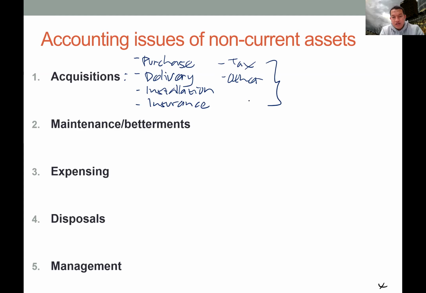And how do we record this in the journal? We simply record an asset in debit. Let's say this is equipment. So we record equipment on the debit side and cash on the credit side. If we have insurance which is not directly related to the acquisition process, we should record it separately as prepaid insurance in the debit, or it could be insurance expense.